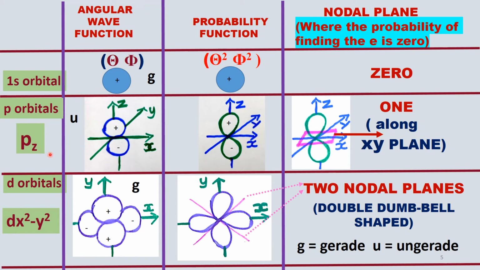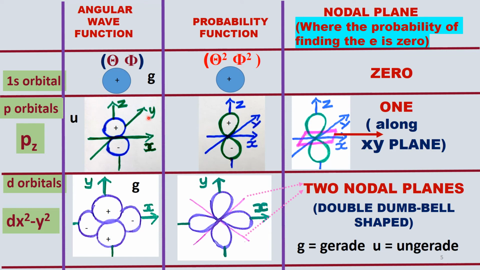Whereas for the pz orbital, the probability of finding the electron is along the z-axis only. Along the xy plane, this is called a nodal plane. For the pz orbital, there is one nodal plane along the xy plane.